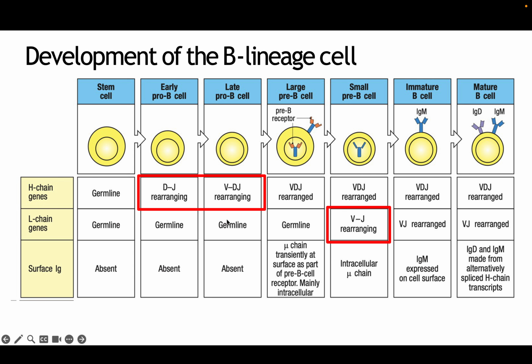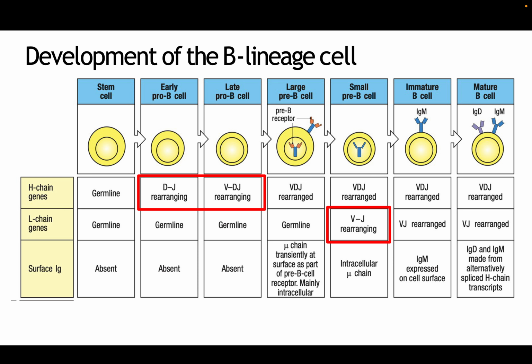Once you're done with the whole VDJ rearranging, you enter the large pre-B cell. In the large pre-B cell, we know that we have a heavy chain because we've rearranged the VDJ. We have the perfect heavy chain now. What we do, very similar to what you see with T cells, is create a pre-B cell receptor, where we have the heavy chain, but we create a surrogate light chain.